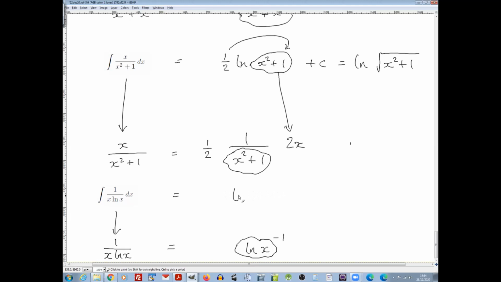Log blob. And then log x differentiates to 1 over x. Exactly. And that's how it works, you see, because you've got 1 over log x times 1 over x. Yeah. Because that's exactly what that is.